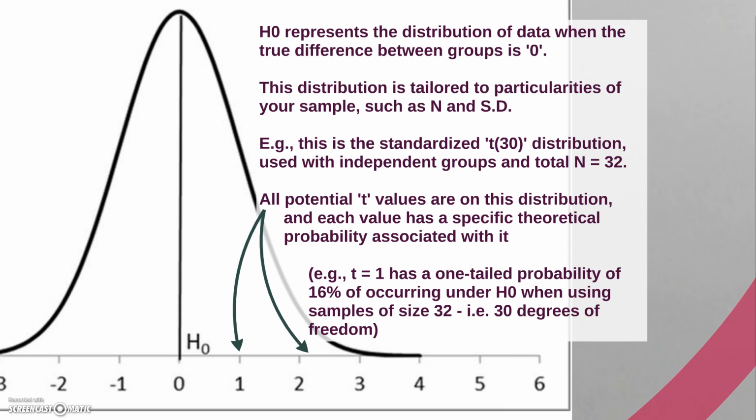Not only that, but because this is a fixed distribution, we know its shape, we know its probability density, all those potential t-values will also have an associated probability. So for example, in this distribution, a t-value of 1 will always have a probability of occurrence under the null distribution of about 16%, under this particular distribution with 30 degrees of freedom. Alright.